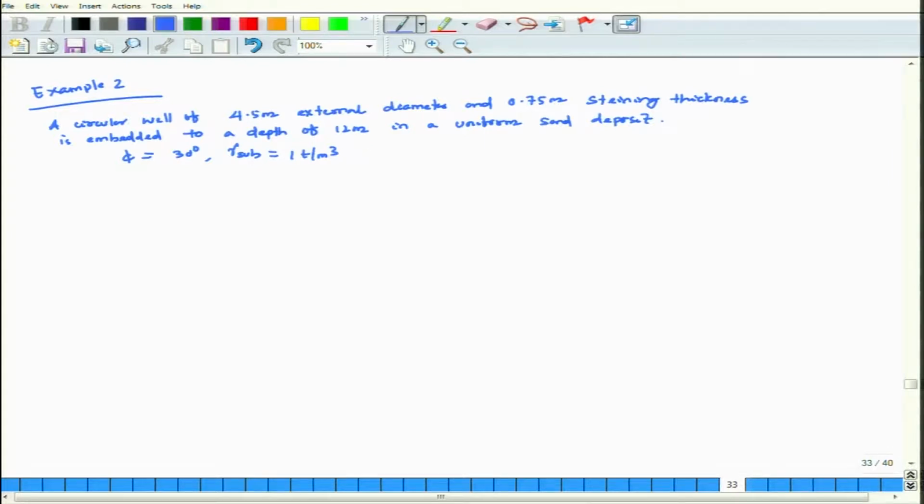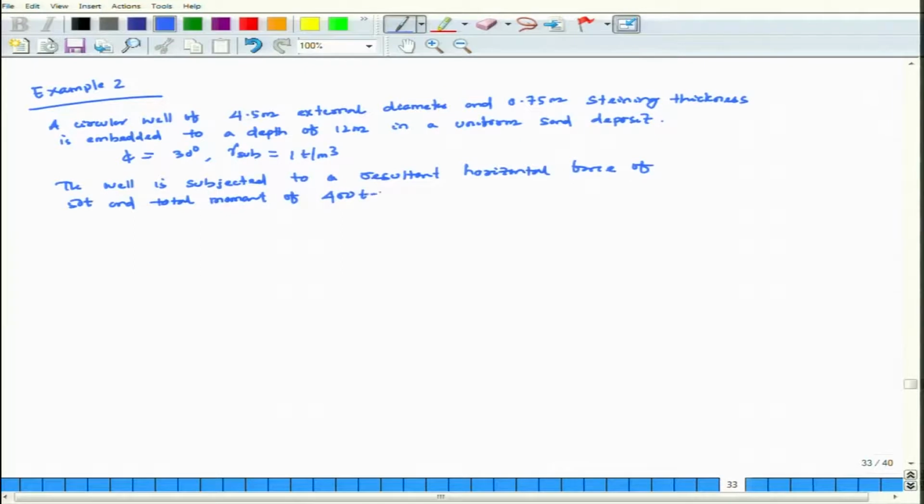The well is subjected to a resultant horizontal force of 50 ton and a total moment of 400 ton meter at this scour level.